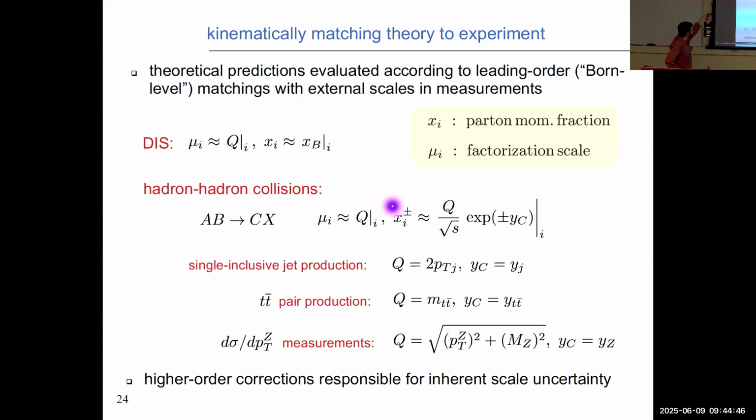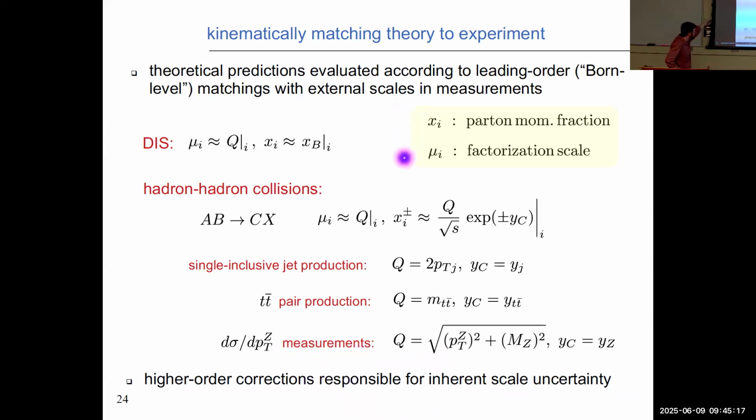So for hadron-hadron collisions in general, I can map things like, maybe, singly inclusive production of, I don't know, a W boson, as I mentioned a little bit earlier. And I can match the rapidity of the final state boson to the momentum fraction probed there. And again, there's some natural scale setting, and you go about this process by process. In general, an intriguing question is the role of higher order corrections in setting some kind of uncertainty.